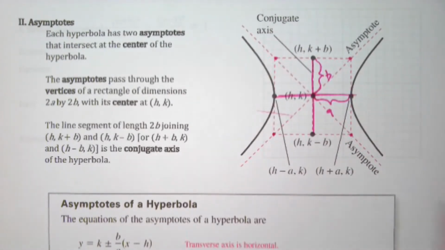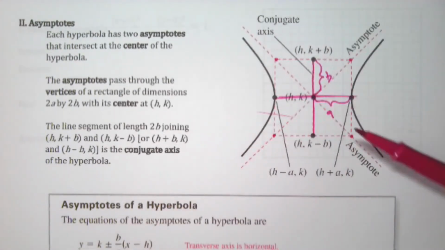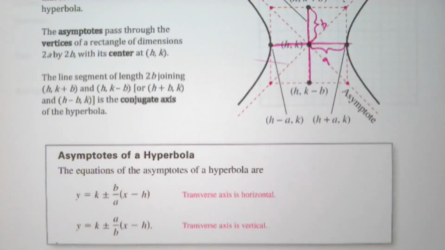Regardless, we can get the equation for these 2 lines that the hyperbola goes out slowly approaching but never quite hitting. So in doing so, although it's not the prettiest formulas, we can find those 2 equations.